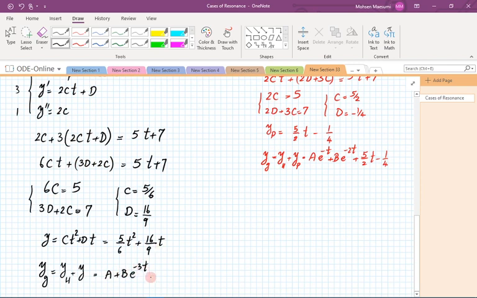And now this one tags along, 5/6 of t squared plus 16/9 of t. You see that the main thing is that the additional pieces here have a factor of t extra over that one, and of course different coefficients.